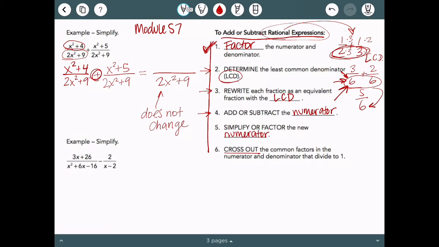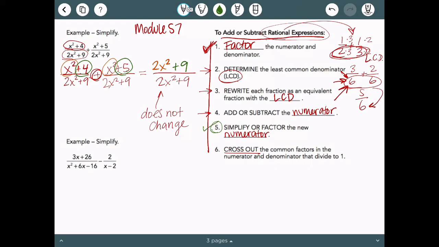So I'm going to have x squared plus x squared here. That's going to give me 2x squared. And then I'm also going to look at my 4 plus my 5. That's going to give me plus 9 here. Wow. So that means I'm going to try and simplify or factor the numerator.